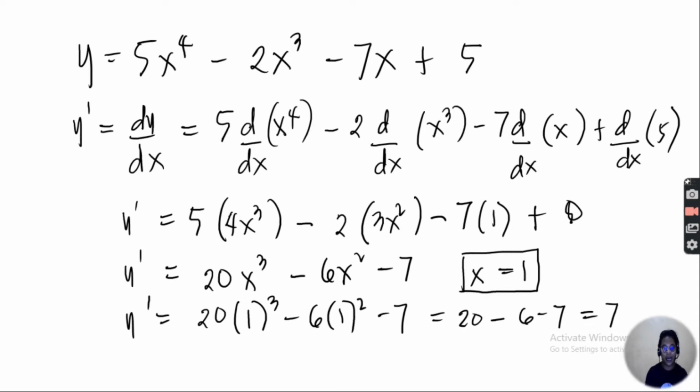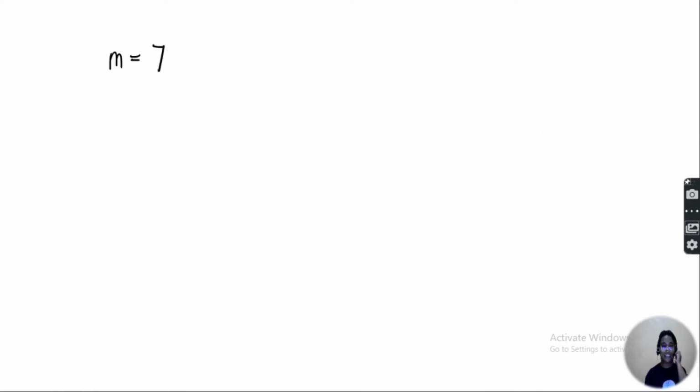And y prime is equal to the slope of the tangent line. So, magiging m is equal to 7. So, gagamitin natin itong m to find the equation of the tangent line. So, yung value na nakuha natin kanina, which is 7, is the slope of the tangent line.